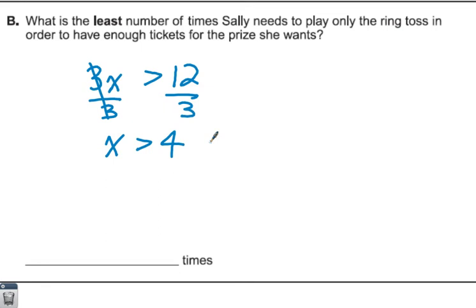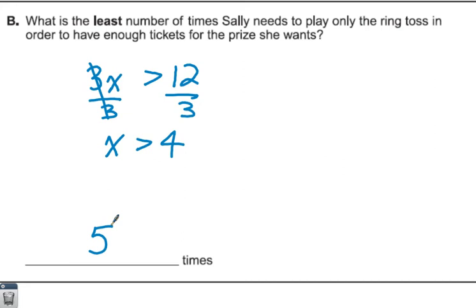She can't play exactly 4 times and get what she wants. She needs to play a 5th time to get more than 12 tickets rather than at least 12 tickets. So the answer is actually 5, and I hope you can understand why based on what I just said.